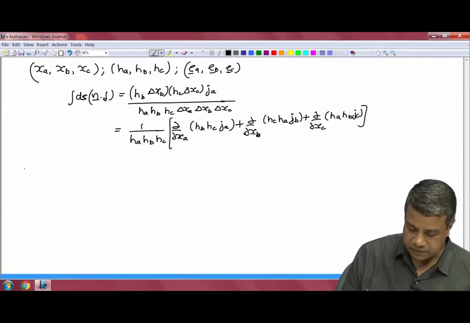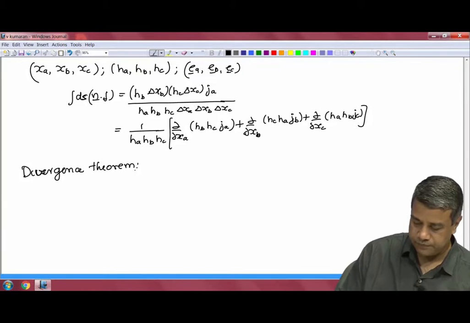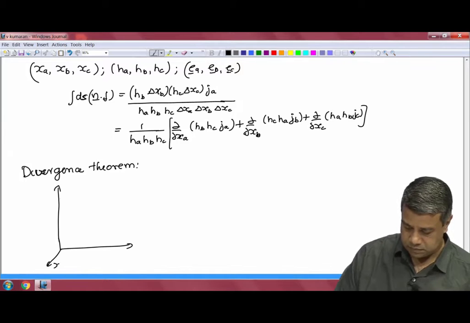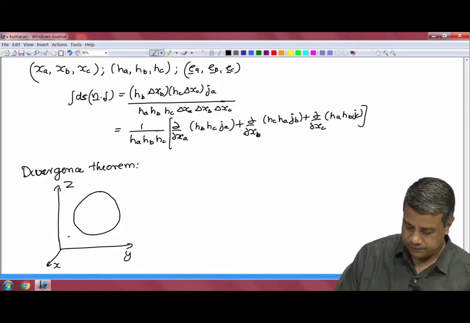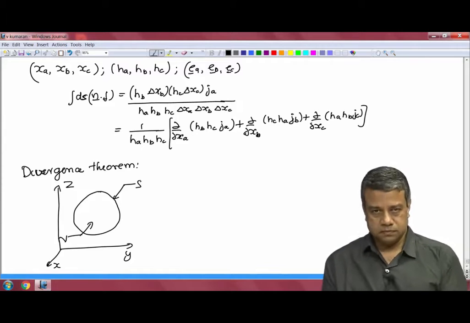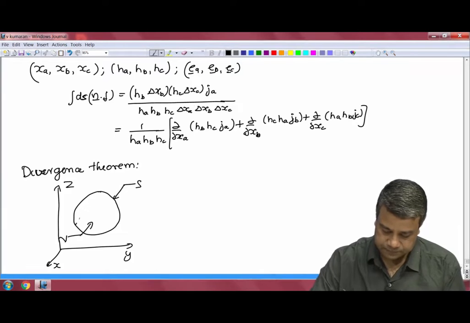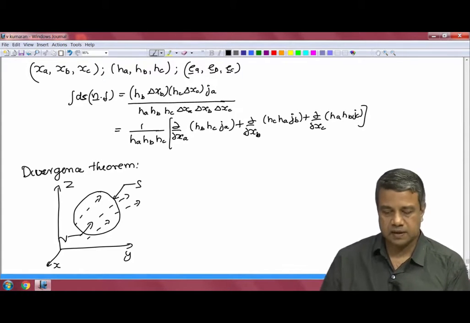The integral theorem for the divergence, the divergence theorem, states that if I had a volume V with surface S, in which some field was defined, and the field variable, the vector field variable, was uniquely specified at each location.